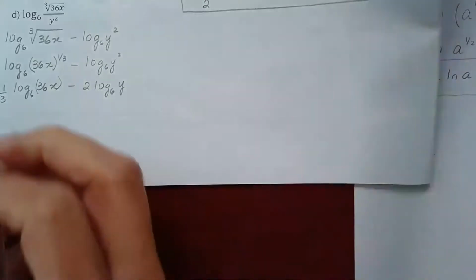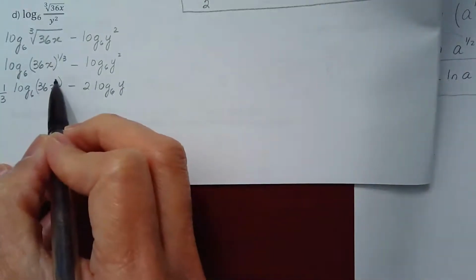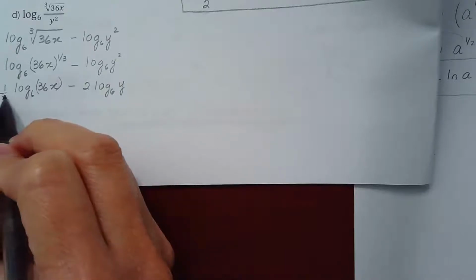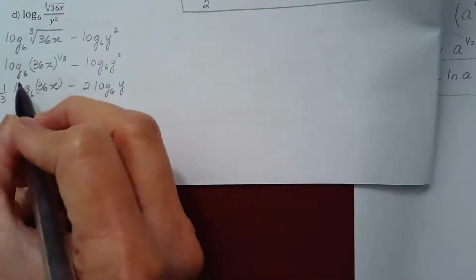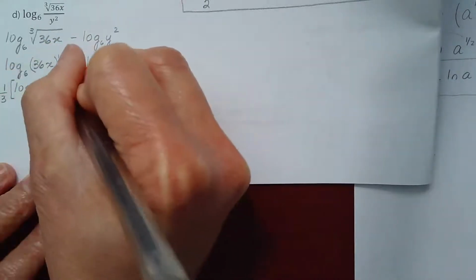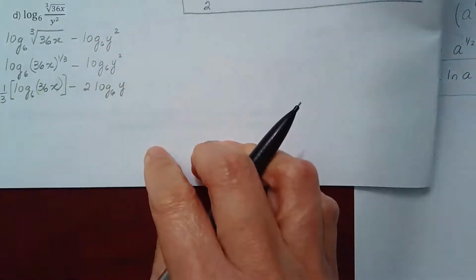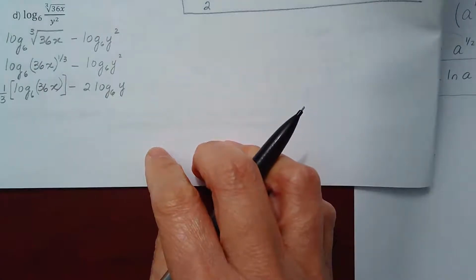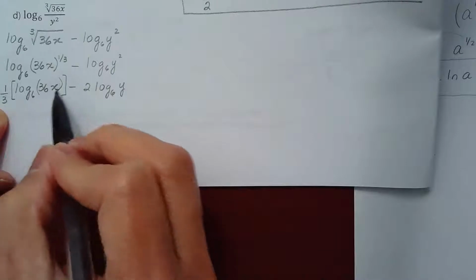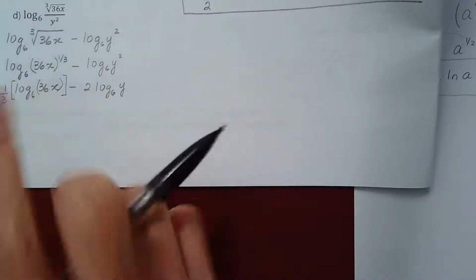Okay, now this 1/3 is applied to all of those things. So I'm going to put brackets there so I know that I can do the multiplication later, after I expand this thing.